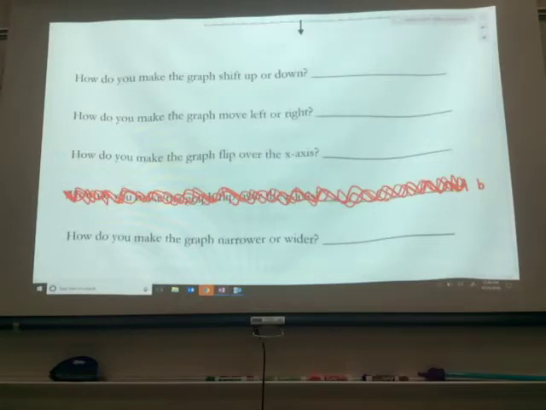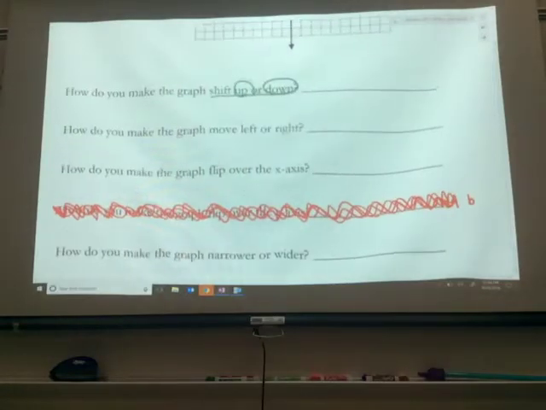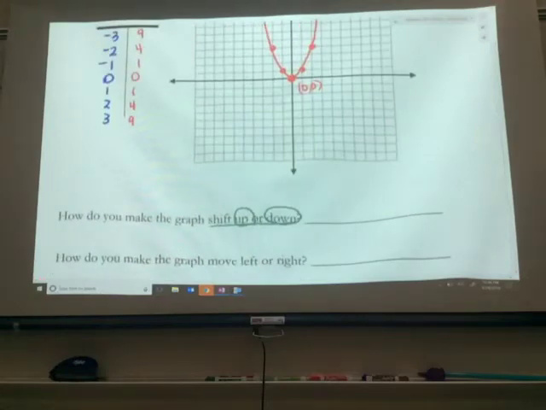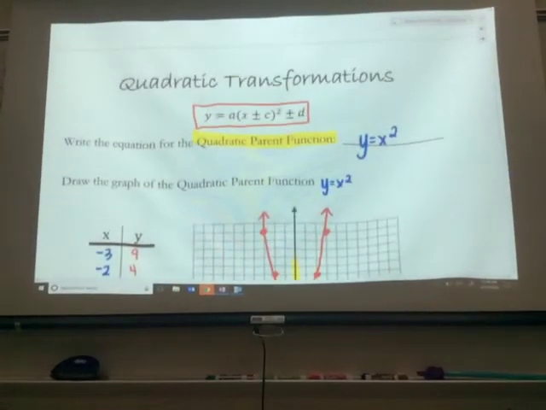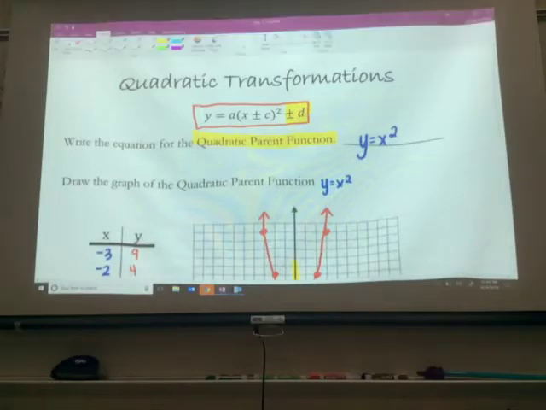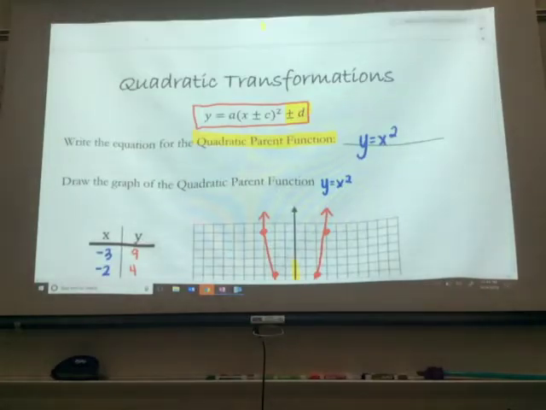Okay, so how do you make the graph shift up or down? That means, how do I make this vertex go up or down? Well, up or down is talking about the y-axis. And if you go look at your transformation, the thing that's going to focus on the y-axis, just like our y-intercept, is outside of everything at the very end.